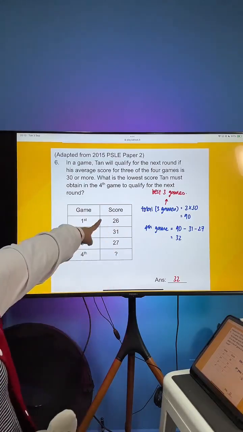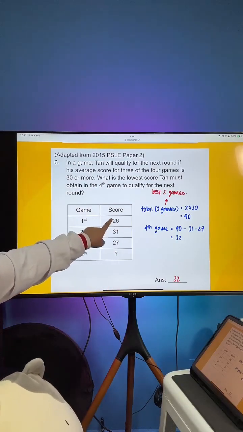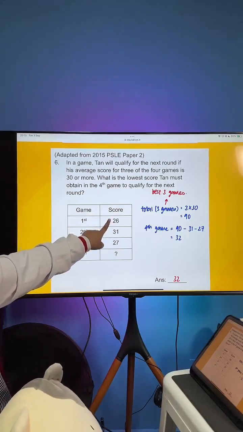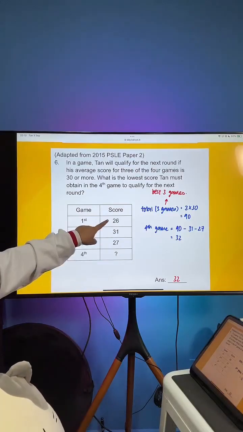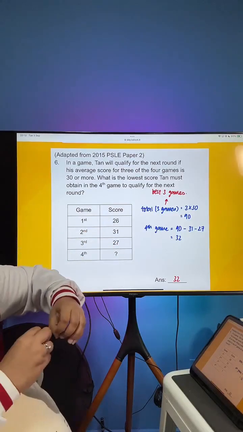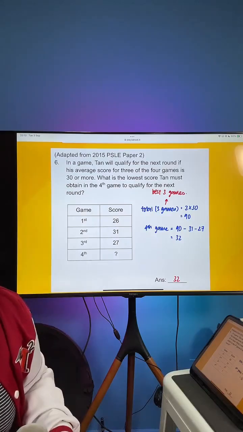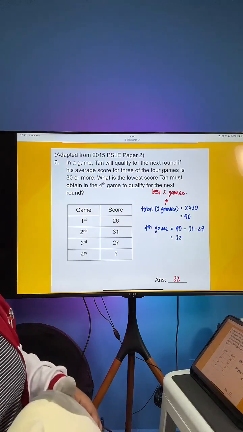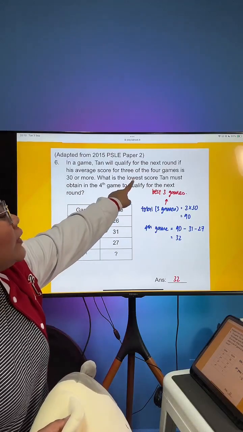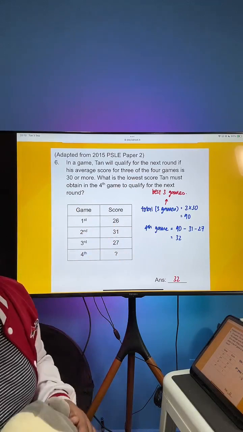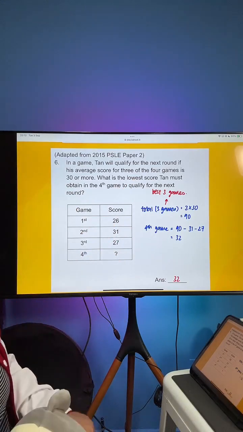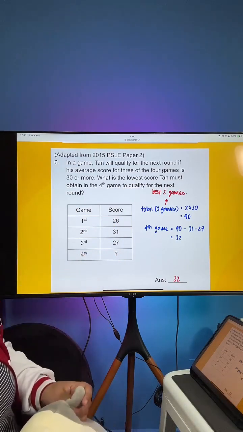Okay? Because if we assume 26, the lowest one, to be one of our best 3, that means right now the score is quite low. I must have a lot more in order to move on to the next round. Okay? The question asks us for the lowest score. That's why we must choose the best few games here, of which the 4th game will be one of the best ones as well.